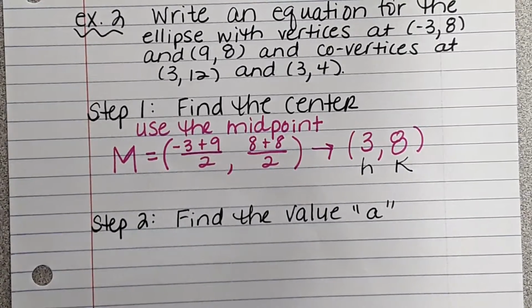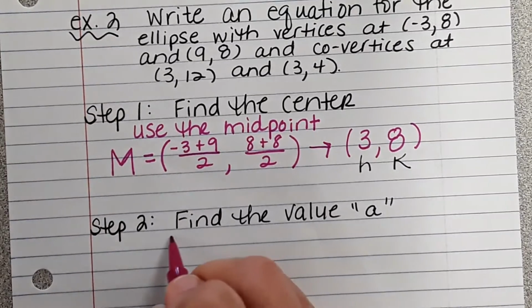So to find the value of A, yesterday we used the distance formula because we have to find the length of the major axis. And your vertices are always on your major axis. So listen to me again. Your vertices are always on your major axis. So to find the length of it, we're going to use the distance formula.